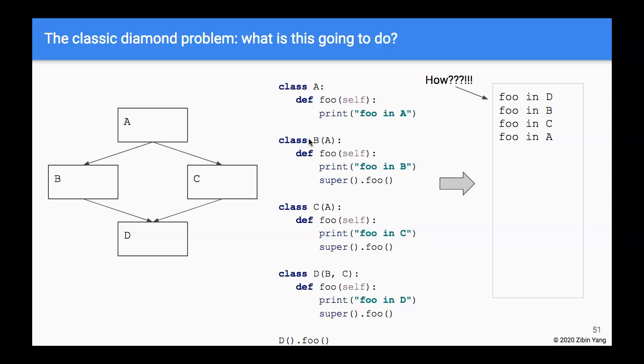For example, when B's foo calls super().foo(), it actually goes to C's foo. So how in the world did that happen? This was certainly a surprise to myself when I first saw this. So at the end of this video, we will come to understand why. So let's get to it.